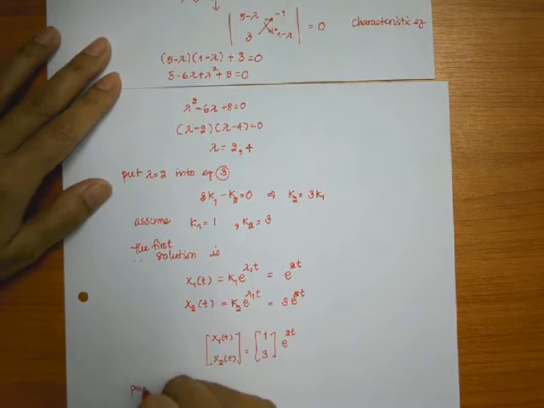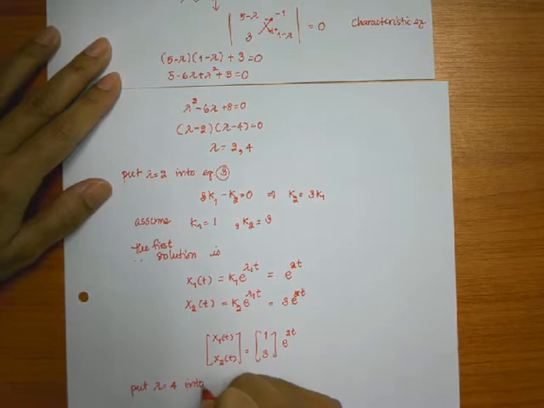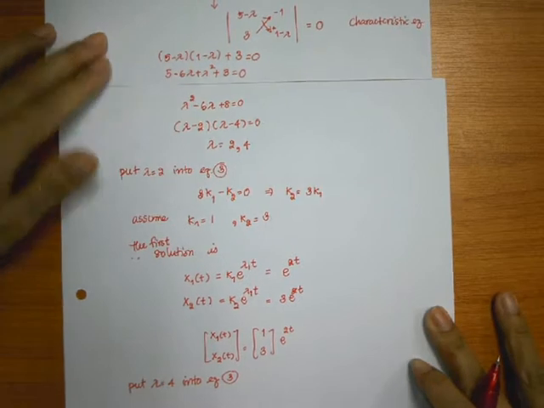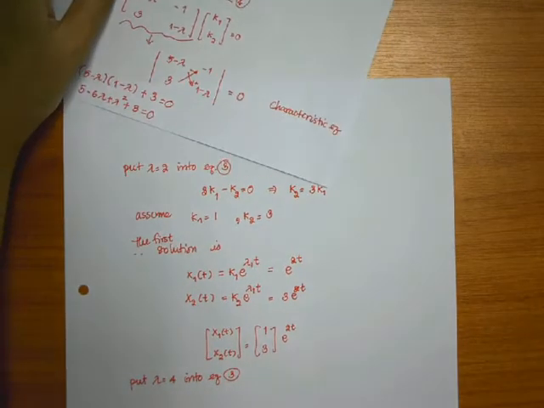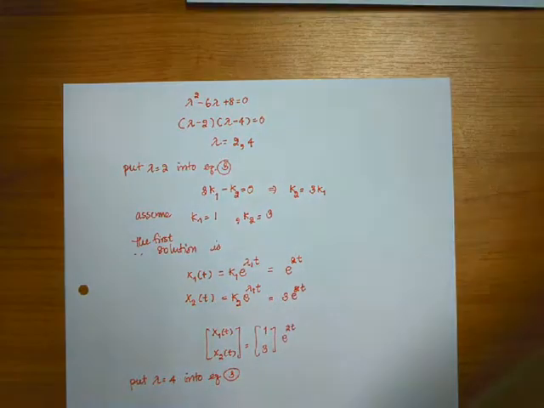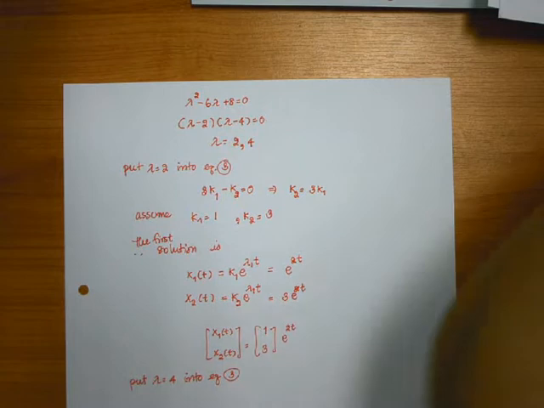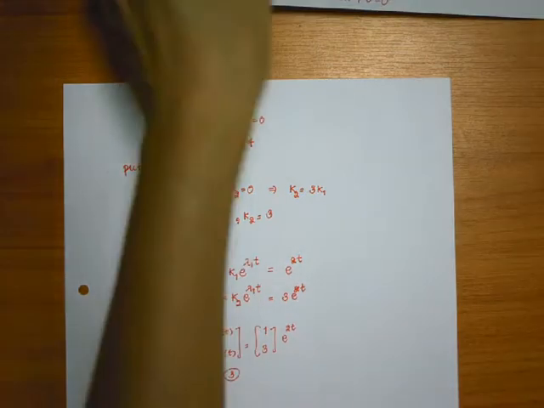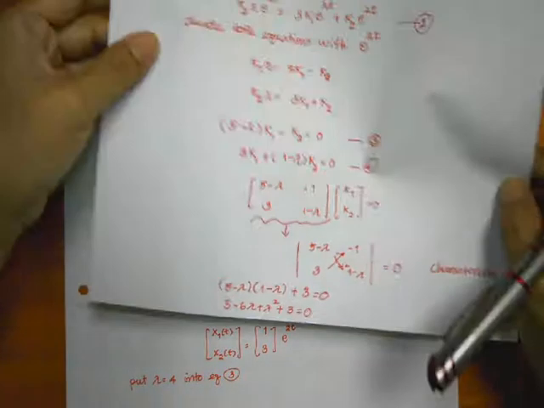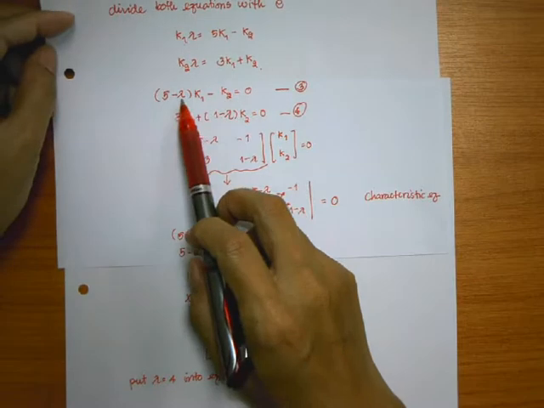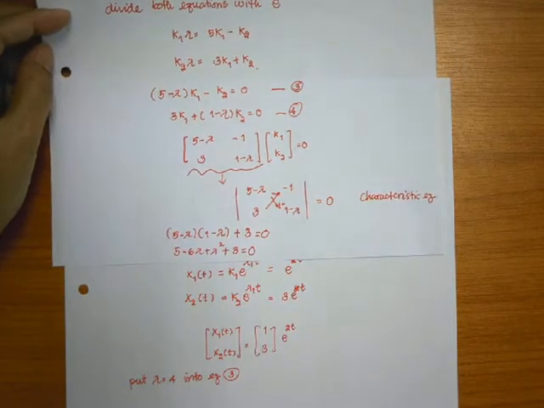We just put lambda equal to 4 into equation 3 again. Our equation 3 said that 5 minus lambda times k1 minus k2 equal to 0.